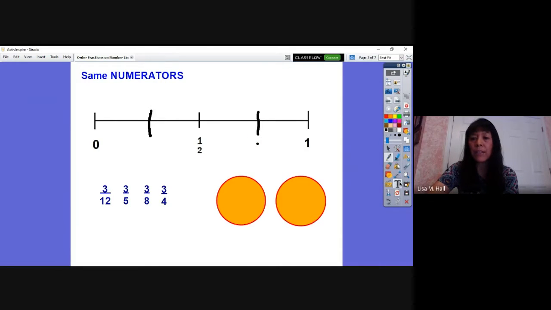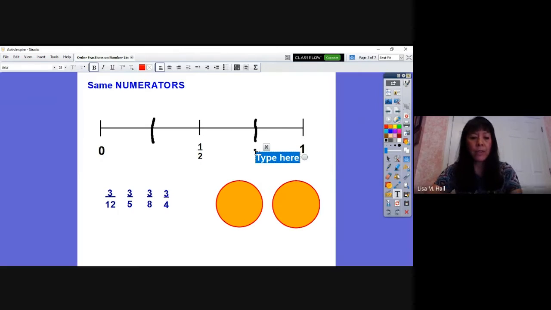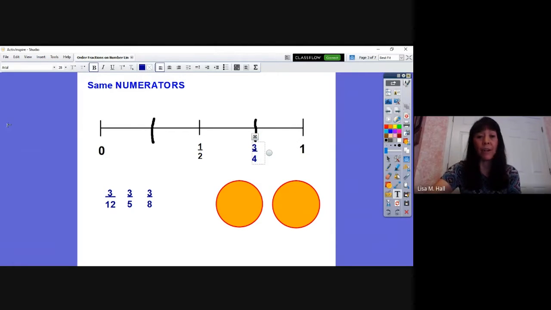Oops, let me go ahead and get to here. I know that this fraction is 3/4. I'm going to put my 3/4 right here. And actually, I don't even need that. Let's take that out, and I can drag my 3/4 right over there. I know that that's 3/4, just because I know this is 1/4 right over here too.